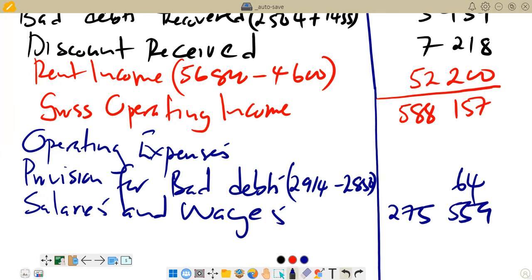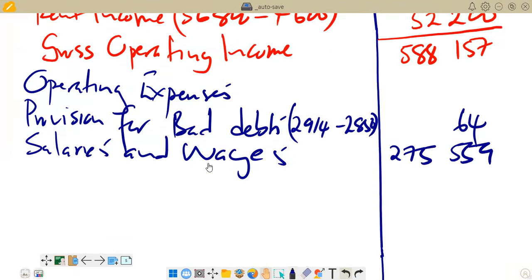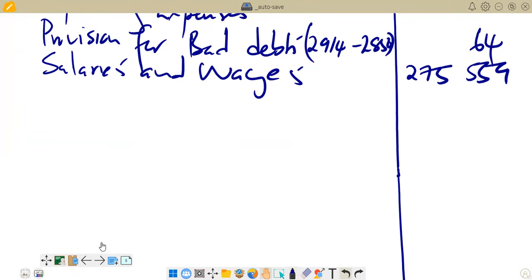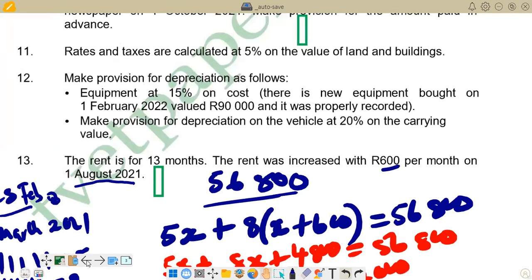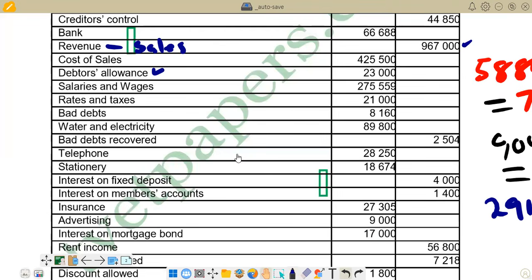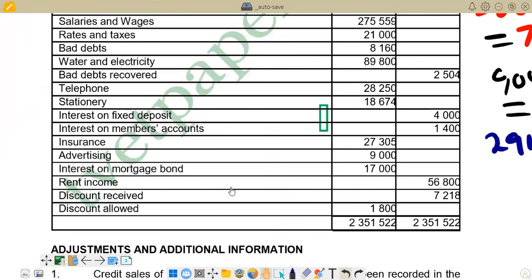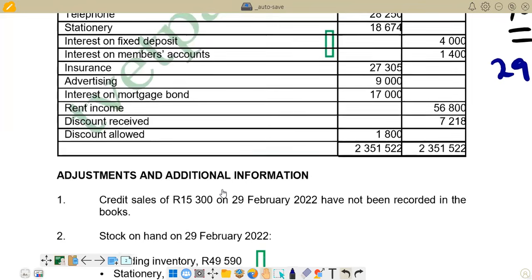I will go back again to check if we have got anything pertaining to the expenses. We are on salaries and wages. We now have rates and taxes, 21,000. So we also go to additional information to check if we have got anything about rates and taxes.